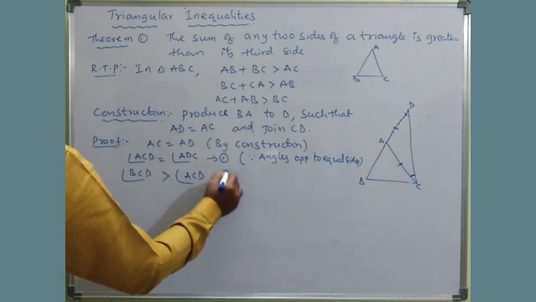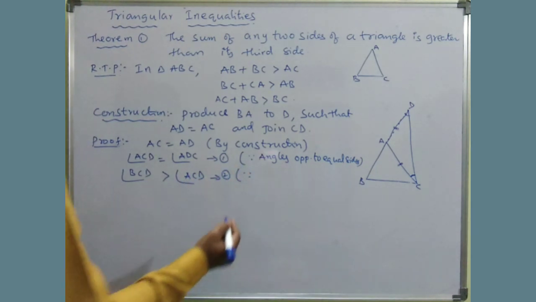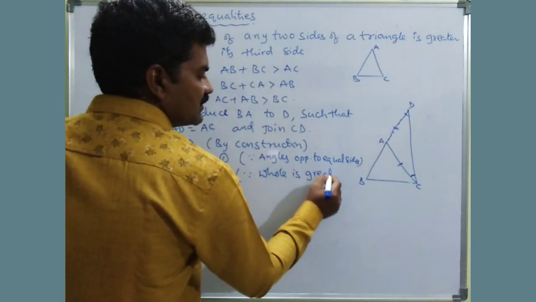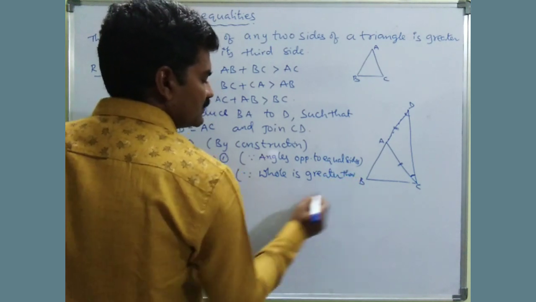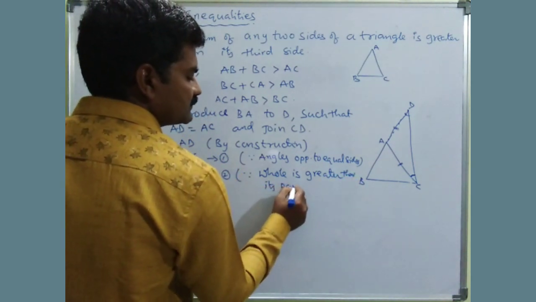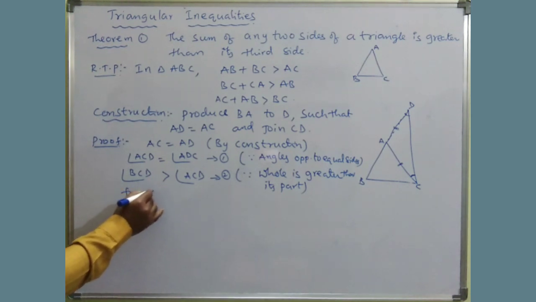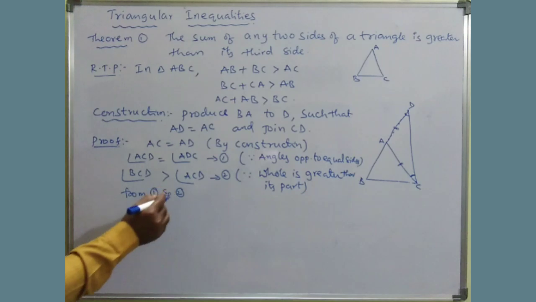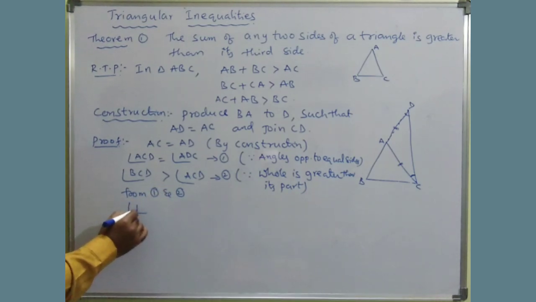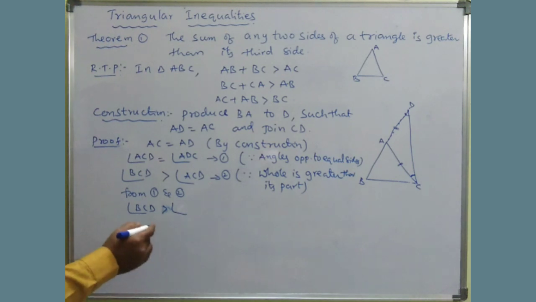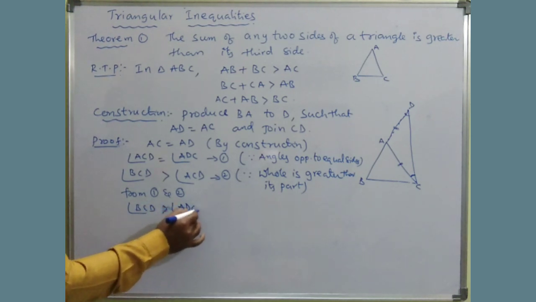So that's what I can say here. Consider as number 2, and what I can say is that whole is greater than its part, isn't it? So now from 1 and 2, what I can say, angle BCD is greater than angle ADC, isn't it?